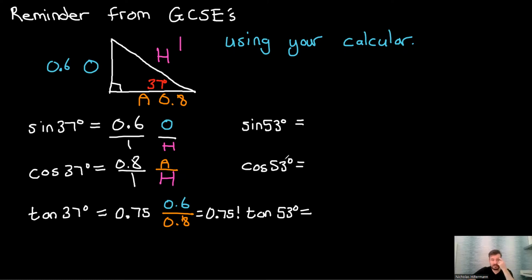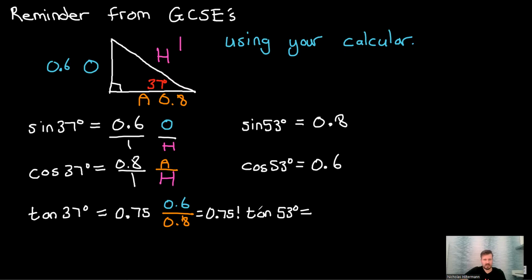So when you put sine 53 in your calculator, we're going to get 0.8. And when we put cos 53 in, we're going to get 0.6. And when we put tan 53, we're going to get 8 over 6, which is 1 and 2 over 6, so we're going to get 1.33.